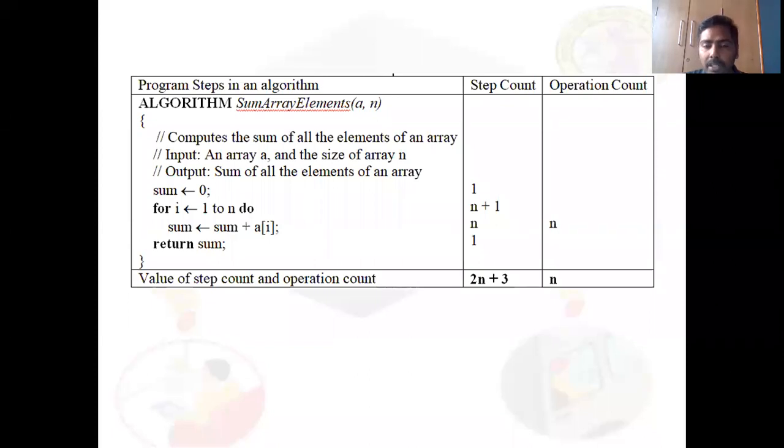We identify the step in the algorithm which executes most frequently, and that step we call the basic operation. Here in this algorithm, sum equals sum plus a of i is going to execute very frequently, that is n times. So in the case of operation count, I am considering only the most frequently executing operations.